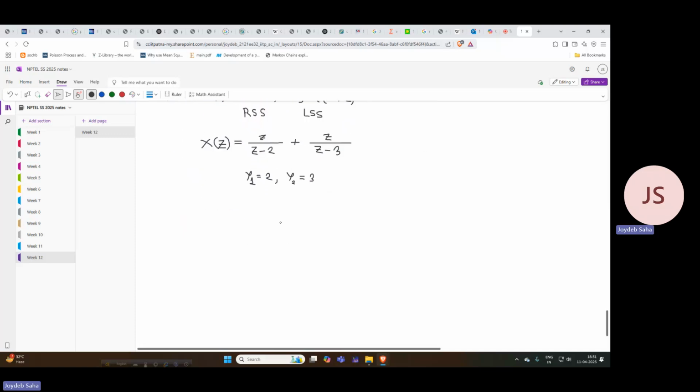So the region of convergence will be 2 to 3. This is the region of convergence.